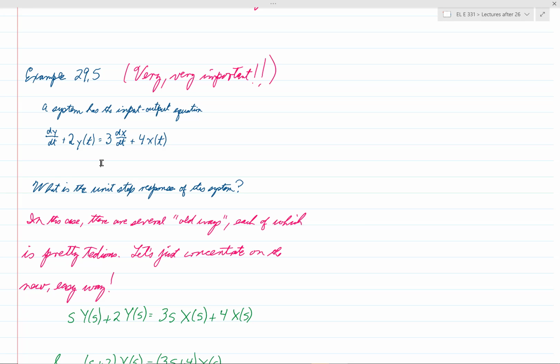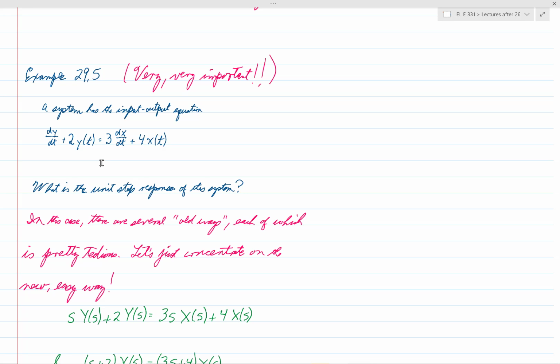Well, because u of t is the integral from negative infinity to t of delta of tau. So the response to u of t is the integral from negative infinity to t of the response to delta of tau, which is the impulse response, h of tau. So that's what I say.